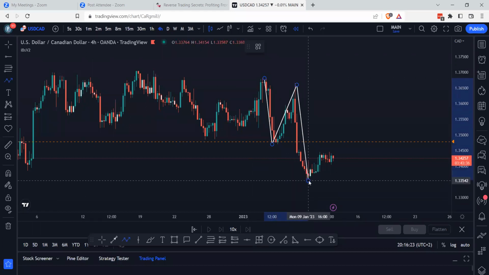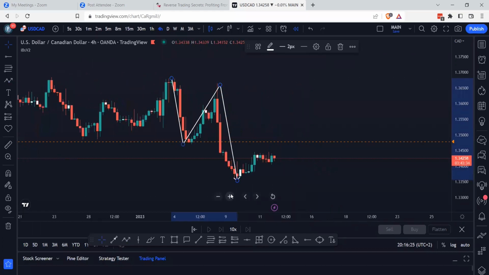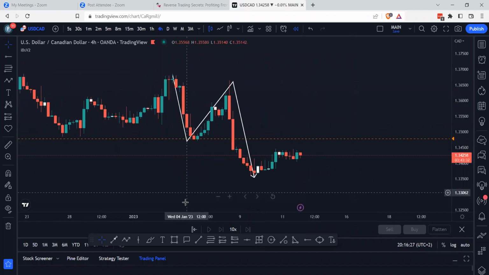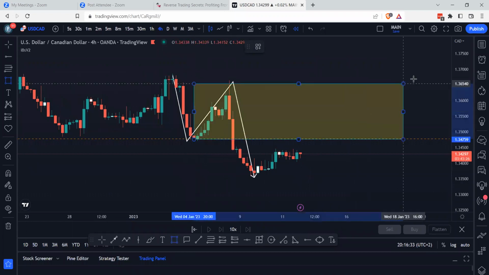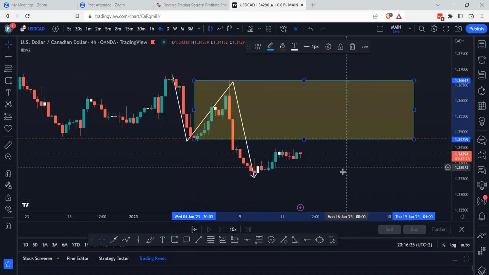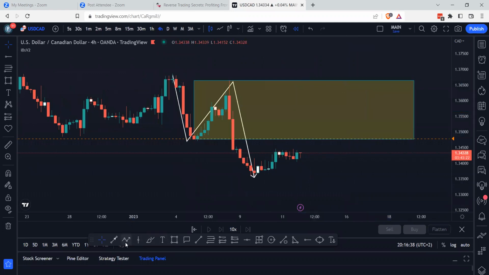Like, so this is a 4-hour chart. And what I'm waiting for right now is for price to retrace into this range, this supply range here. Once price gets into this zone, okay, I'll start looking for possible entries for a sell.